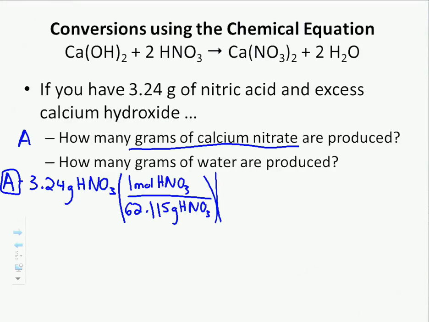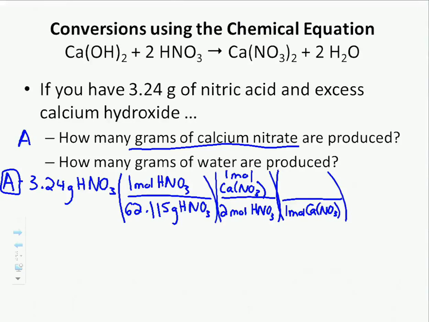And then we look at our balanced chemical equation, where 2 moles of HNO3 for every 1 mole of calcium nitrate.